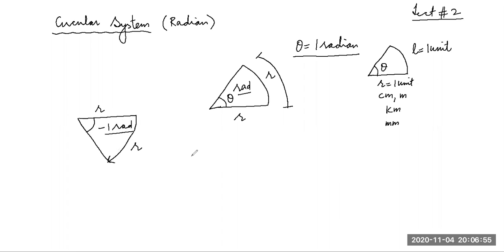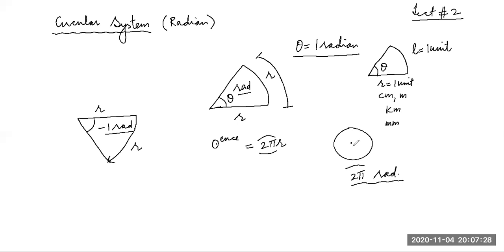Students, you know the circumference of a circle is equal to 2 pi r. So 2 pi is actually the angle in radians. If this is a circle, this complete circumference is subtending an angle of 2 pi radians at the center.